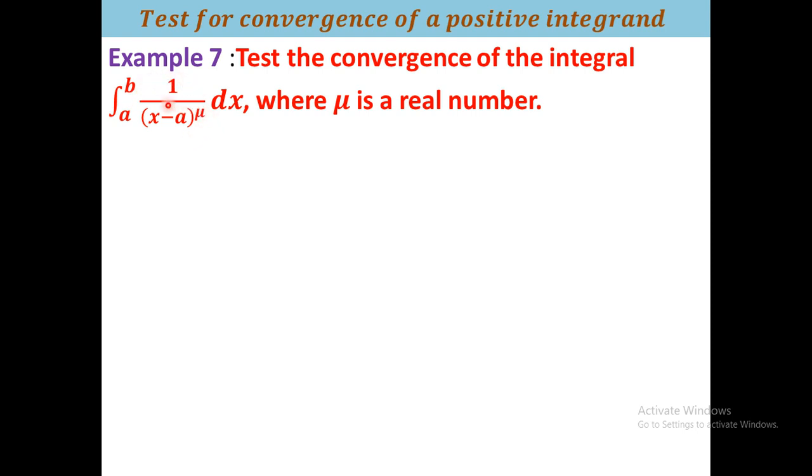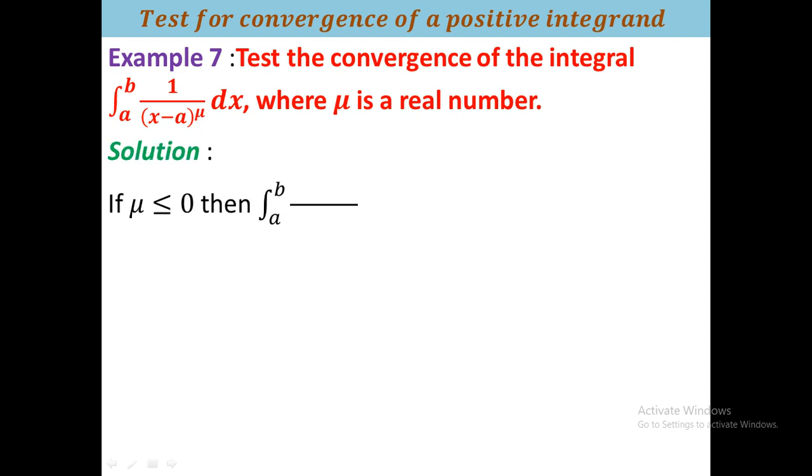You see that it is in the denominator, but if mu is negative, suppose mu equals minus 2, then this will actually be 1 by (x minus a) to the minus 2, meaning (x minus a) squared. So for that purpose, a is not an infinite discontinuity. Again, if mu equals 0, this is constant. So if mu is less than or equal to 0, the function has no infinite discontinuity.